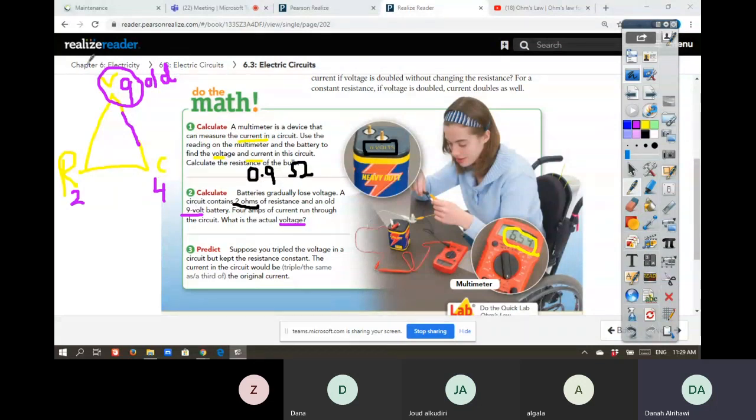Now I want to calculate to find the voltage. What do I have to do? Zaina, Asya, Dana, Al-Ghala. The missing is voltage. Jude, do you know what I have to do here?